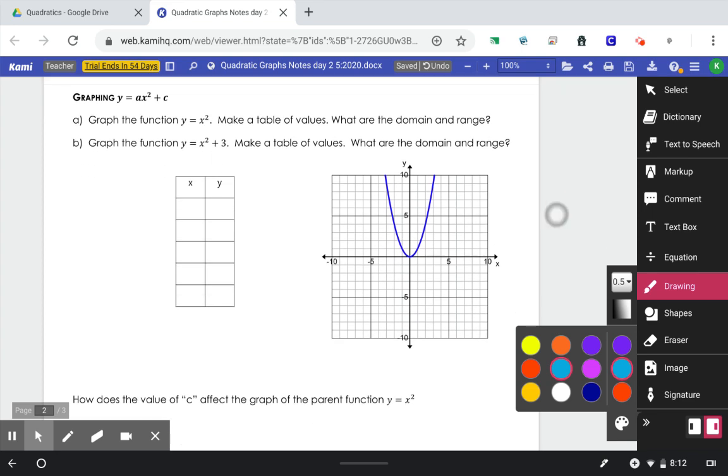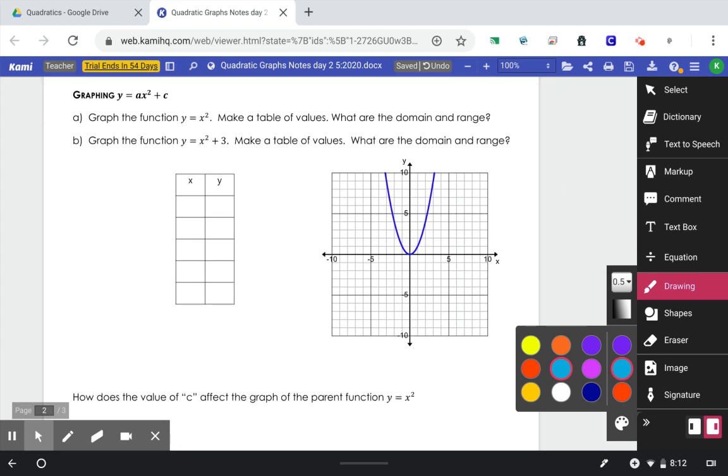Okay, now looking at what the C value does. Again, in blue is the parent function, y equals x squared. This time I'm going to graph y equals x squared plus 3 and see what happens. For this one, there is no b value, there's no x term, so I know that the axis of symmetry is 0.